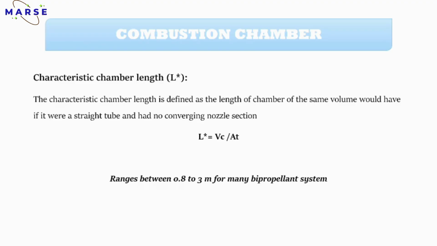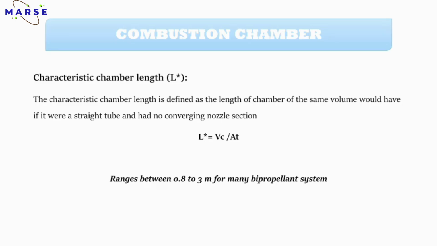The characteristic chamber length is defined as the length the chamber of the same volume would have if it were a straight tube and had no converging nozzle section. It means in some motors or some engines, there is no converging nozzle present.